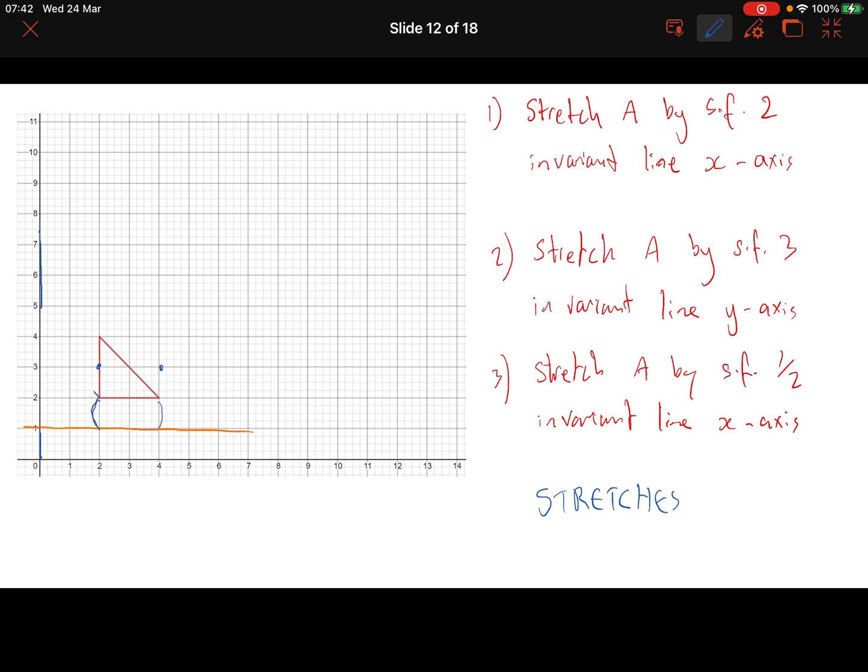And this would go 1, 2, 3. Times 2 is 6. So 1, 2, 3, 4, 5, 6. So my stretch would move here if I had invariant line y equals 1 and scale factor 2. That is what it would look like, okay?